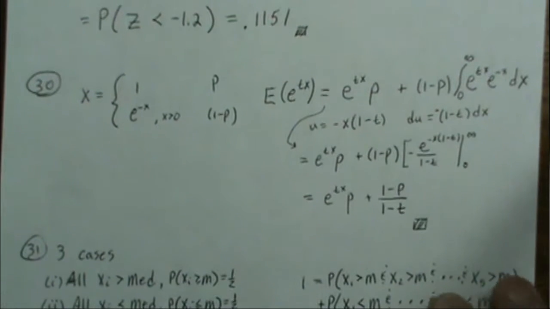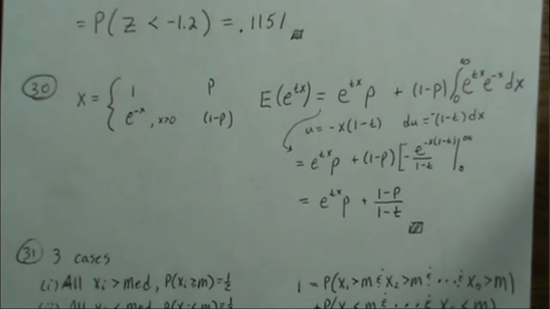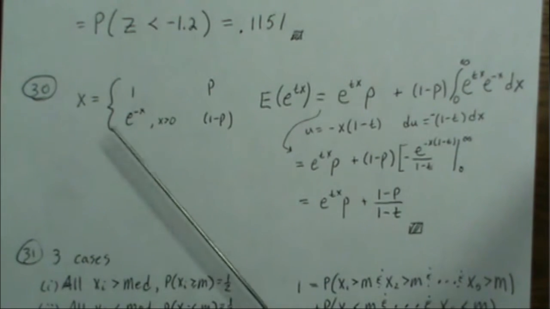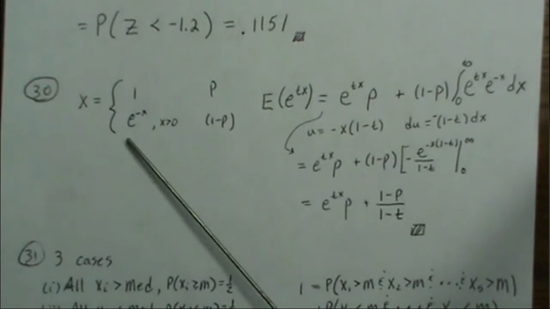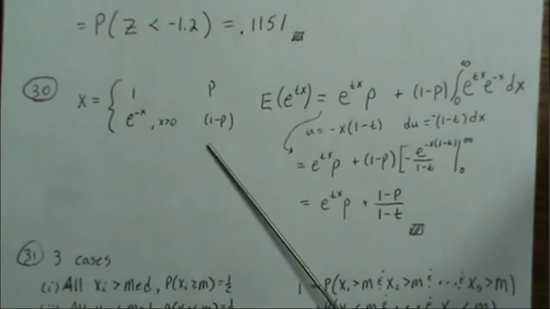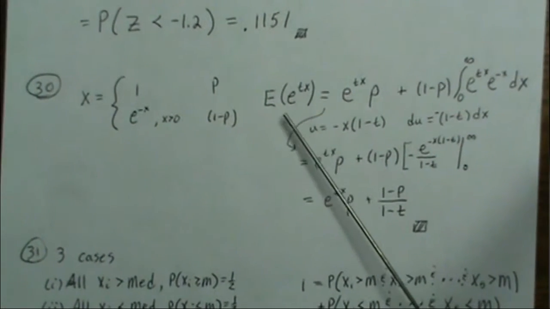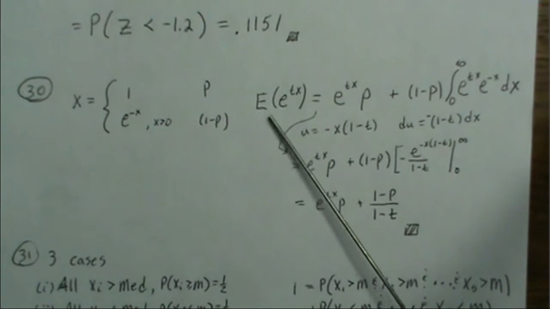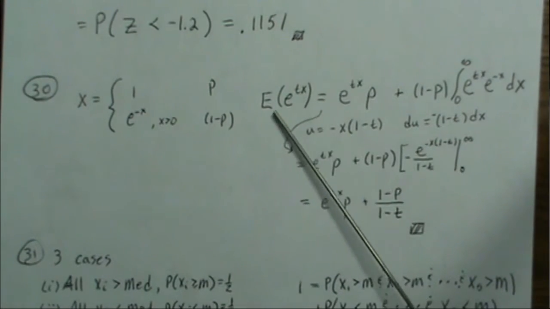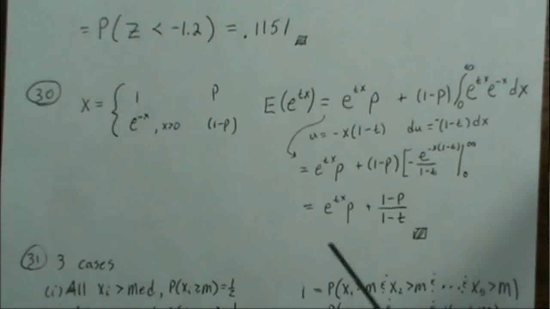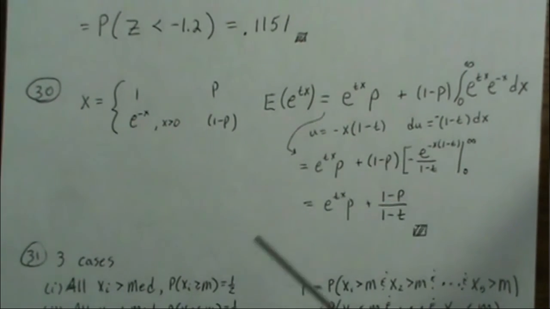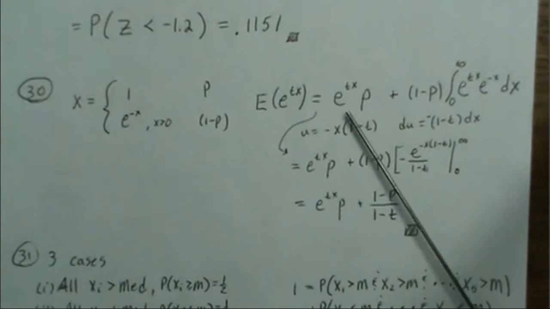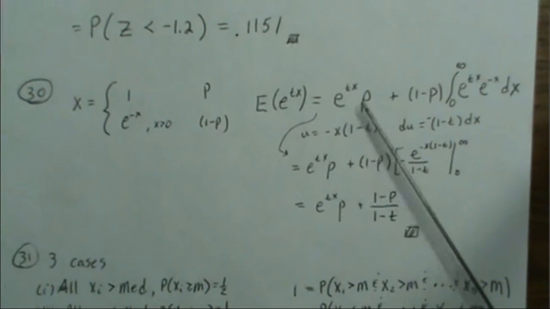So problem 30, we're asked to find the moment generating function of x. Well, x, they said, takes on the value 1 with probability p, and it takes on this density with probability 1 minus p. So the moment generating function is the expected value of e to the tx. So this is a Laplace transformation. So this expected value is over each possibility.